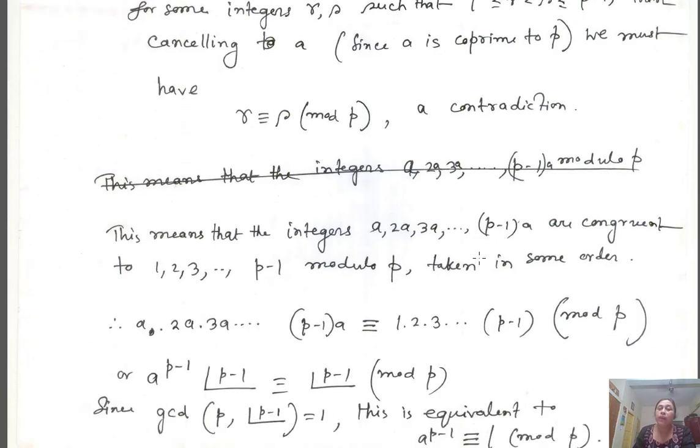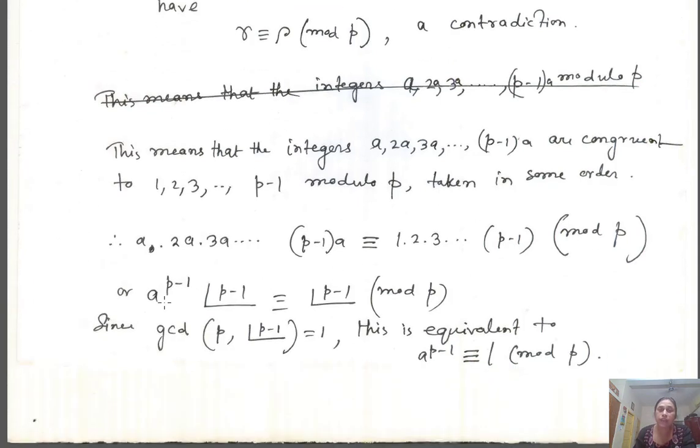So the multiplication of all these elements is congruent to the multiplication of all these elements modulo P. From here, A to the power P minus 1 times factorial P minus 1 is congruent to factorial P minus 1 modulo P, since there are P minus 1 A's.